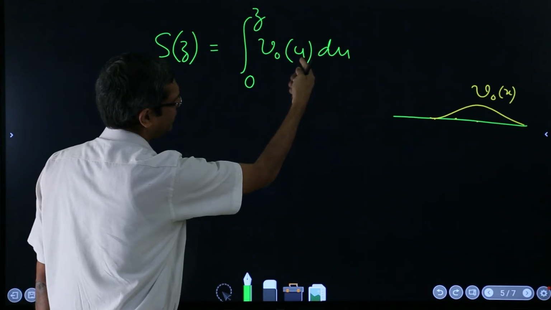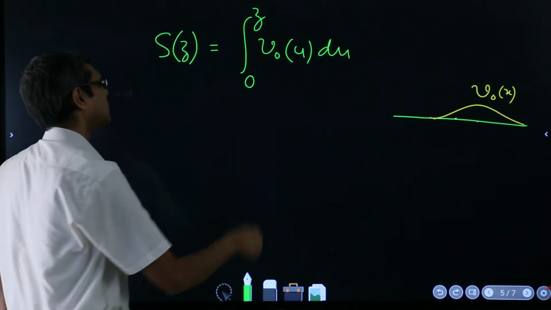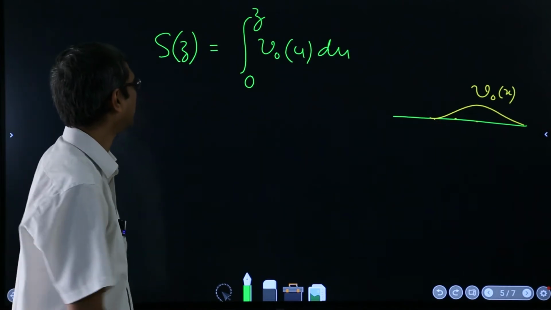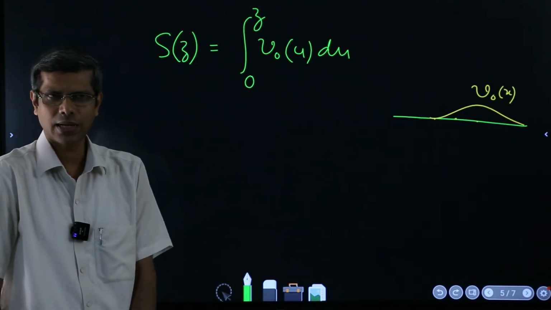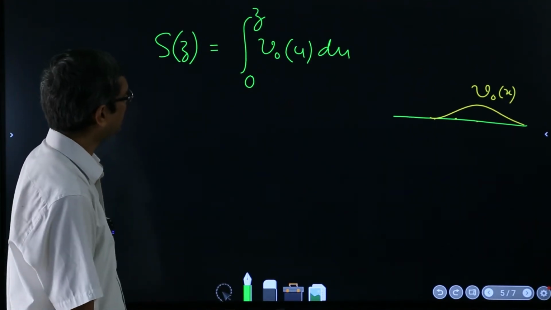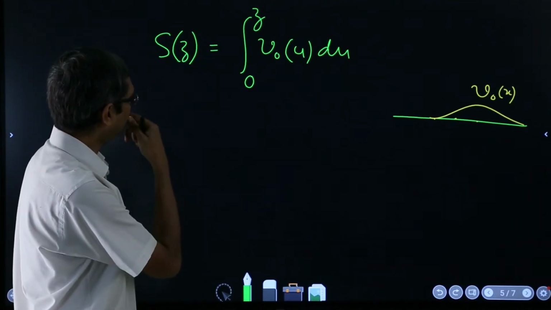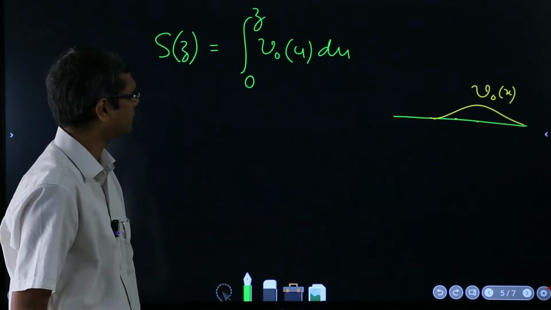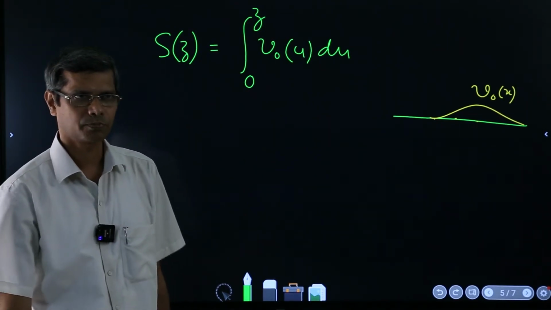So I am using a different independent variable to integrate it, from 0 to z, and the function which I get is called S of z. For now you just think that I have just invented a function. I didn't. D'Alembert invented this function. So that's why this method is called D'Alembert's solution of the wave equation.